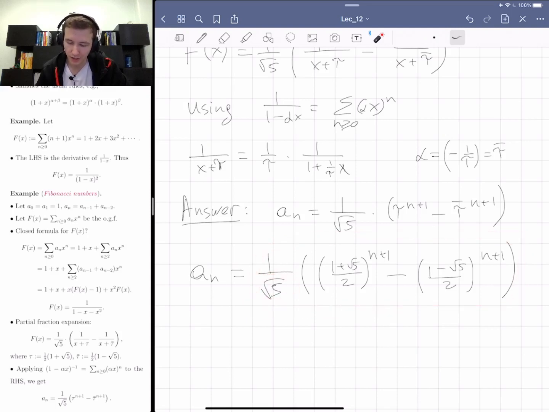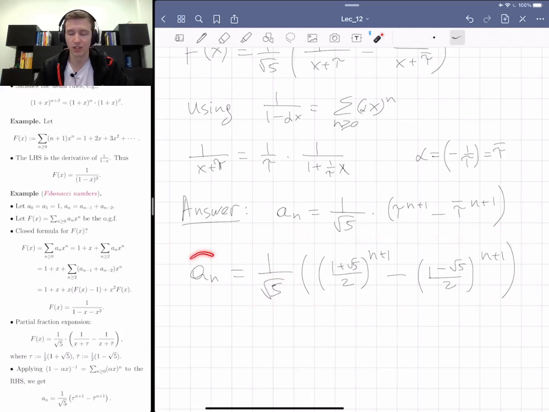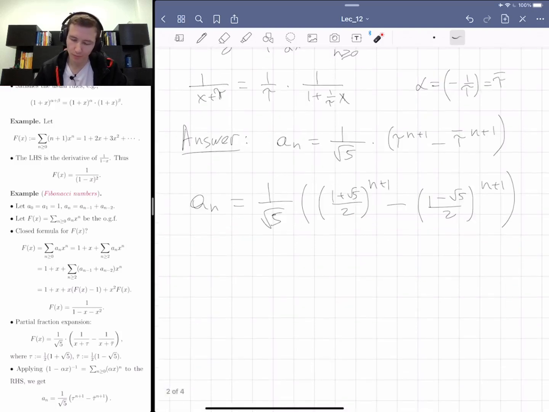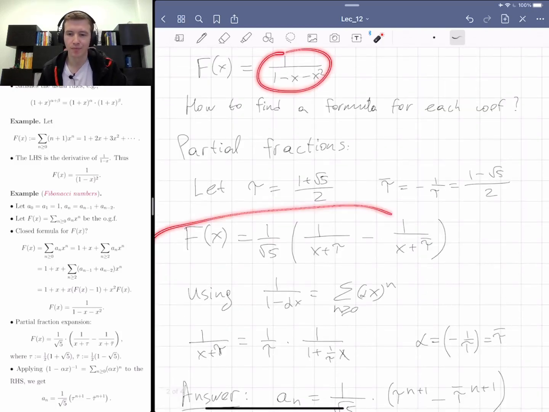So algorithmically, it's not very clear that the formula on the right is more efficient than just using the recurrence relation. But mathematically, I think it's a very nice fact, which we just got from very simple manipulations with generating functions.